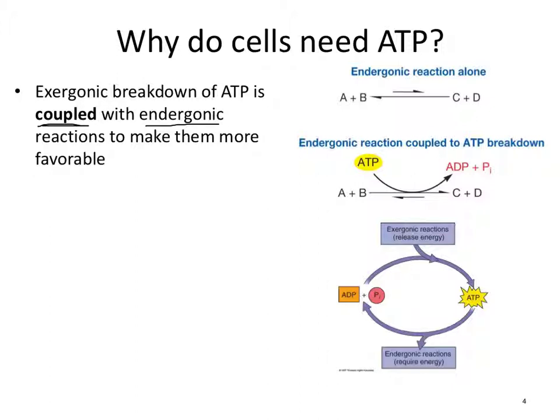So let's consider a theoretical reaction here. A plus B react to form C plus D. And let's say that this is a very endergonic reaction as written from left to right. So you would always have to put energy into this reaction in order for it to occur. The way that we put energy into reactions in cells is most often to link them to ATP hydrolysis. So here we have another chemical reaction, ATP reacting to form ADP plus phosphate.